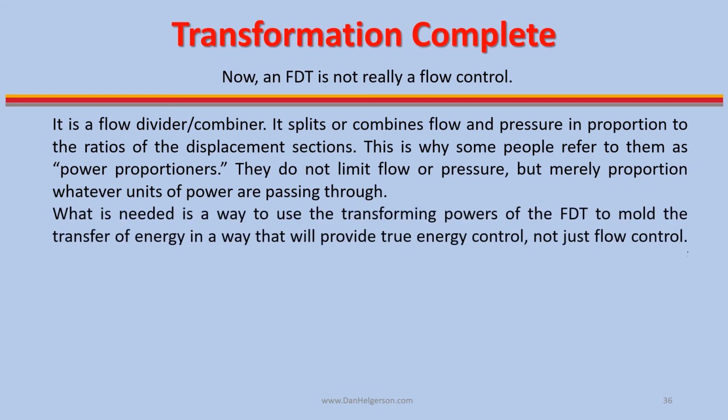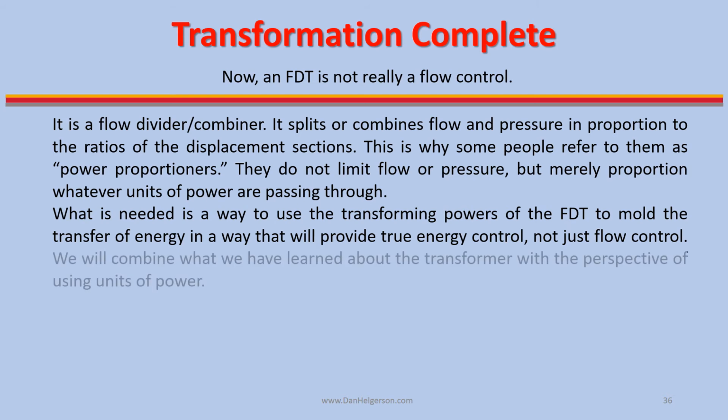What is needed is a way to use the transforming powers of the FDT to mold the transfer of energy in a way that will provide true energy control, not just flow control. We will combine what we have learned about the transformer with the perspective of using units of power.